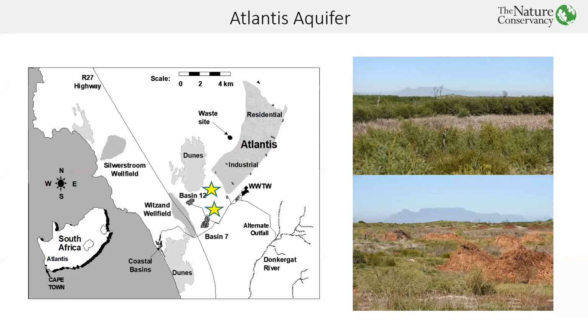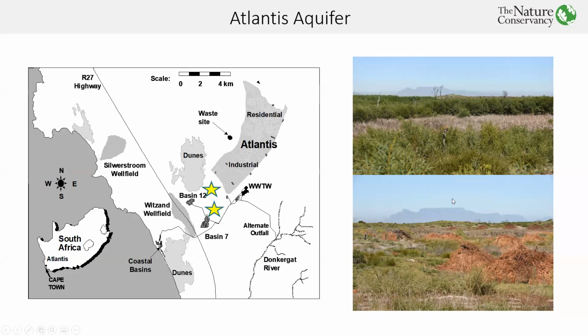So in this area, it's very important to maximize the groundwater recharge, because the area is partially dependent on groundwater for water supply purposes. But this area is also extensively invaded by invasive trees, in this case a species called Acacia saligna. And we targeted this area for intervention.